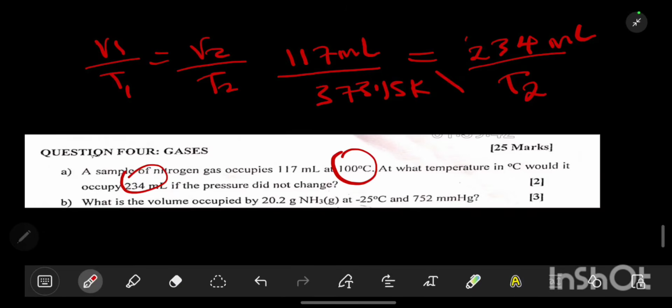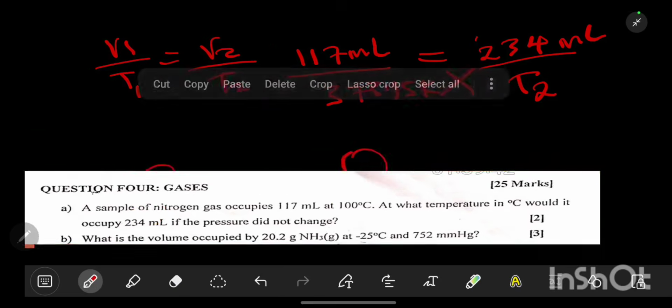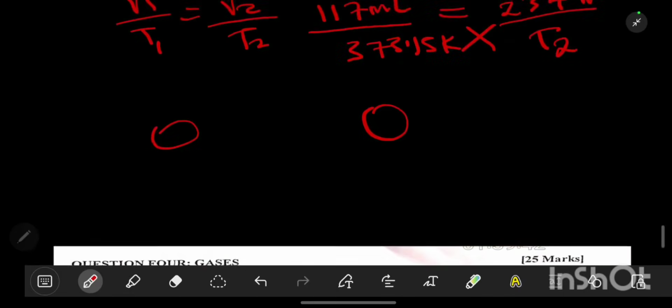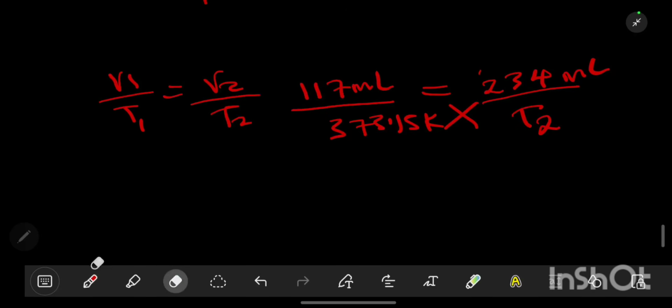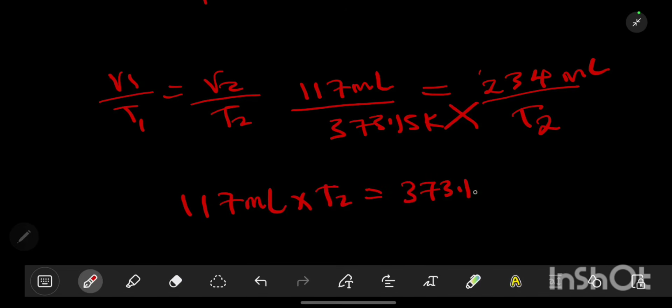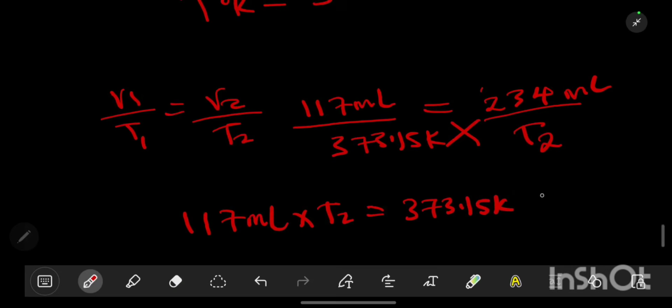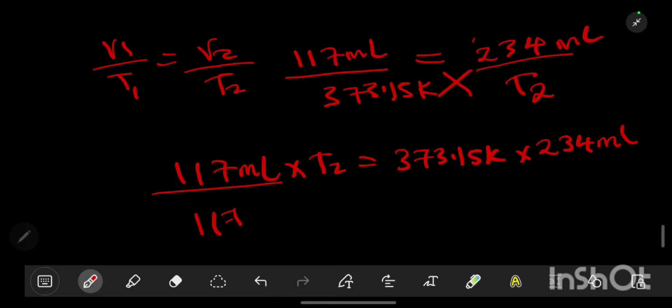All you have to do is cross multiply, so 117 milliliters times T2 equals 373.15 kelvins times 234 milliliters, over 117 milliliters.